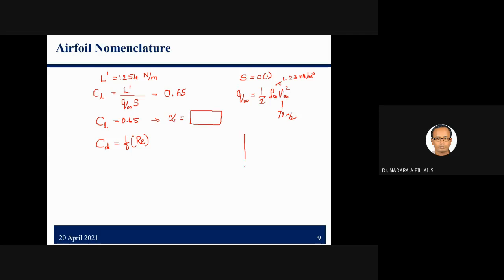We have drawn the CD for a circular cylinder against the Reynolds number, and we have drawn something like this. So if someone knows the Reynolds number, the corresponding CD can be calculated, at least from the graph.